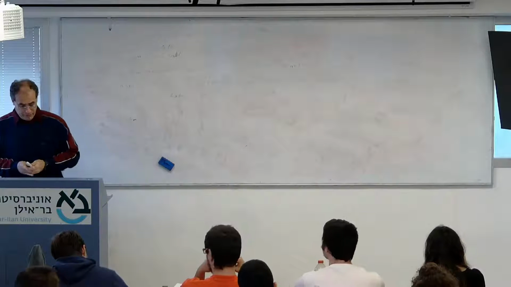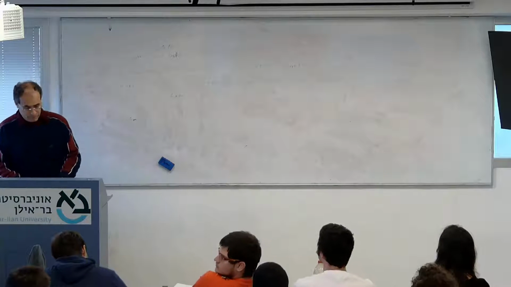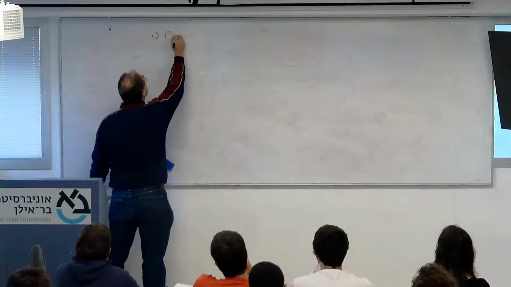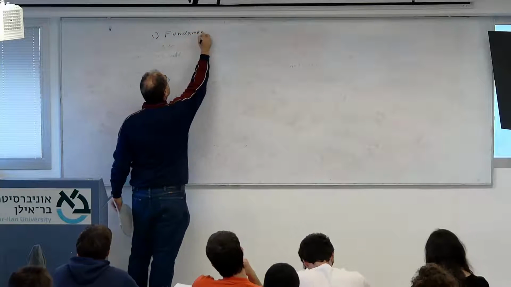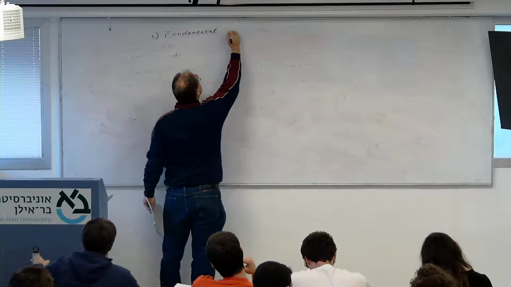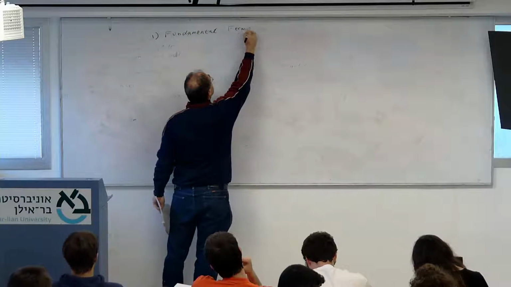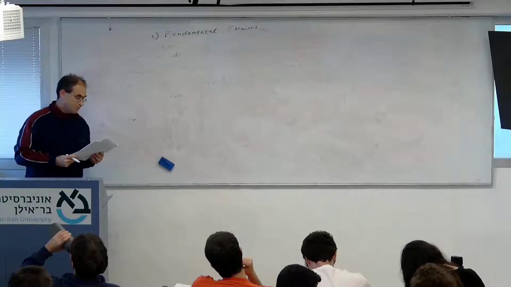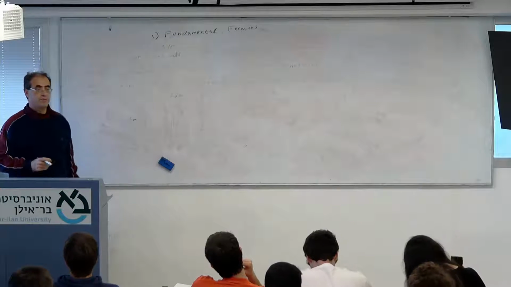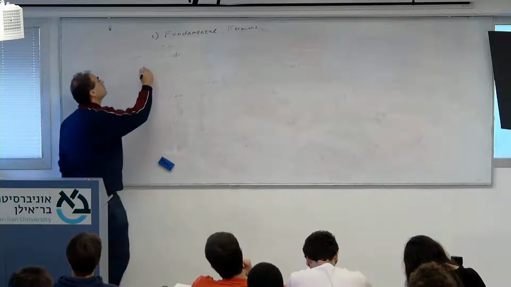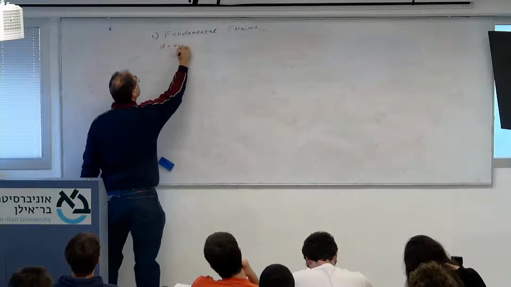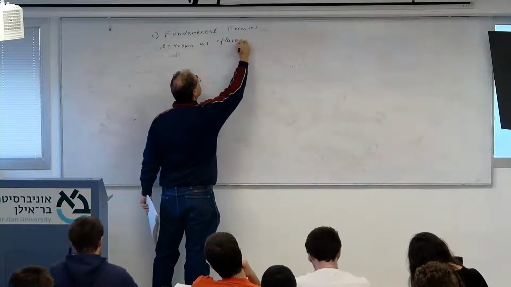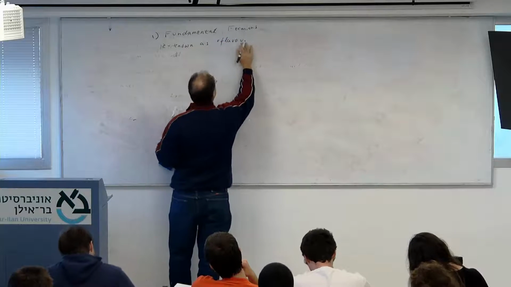Let's start with the matter particles, the fundamental fermions. As I said, there are 12 types of them, and these are known as flavors.